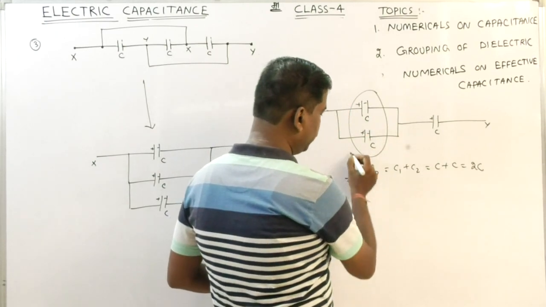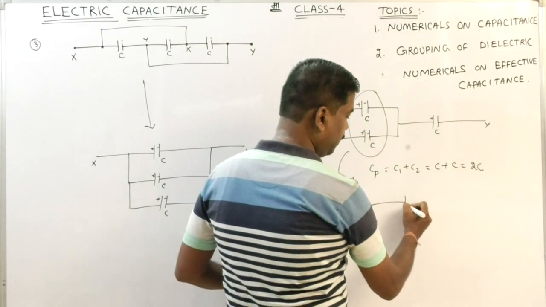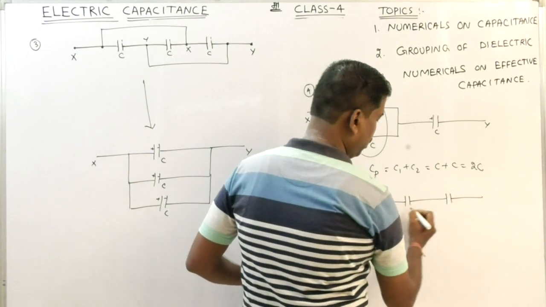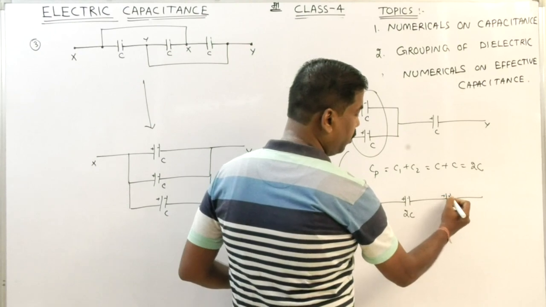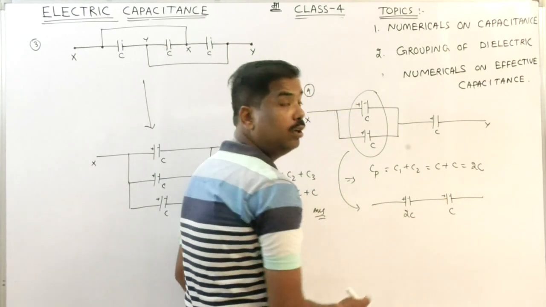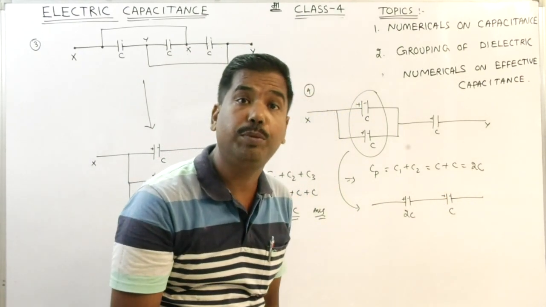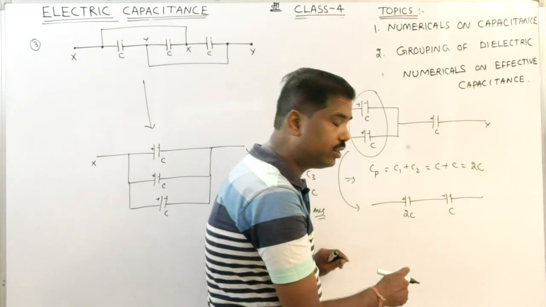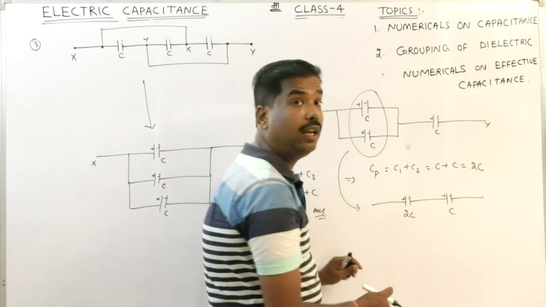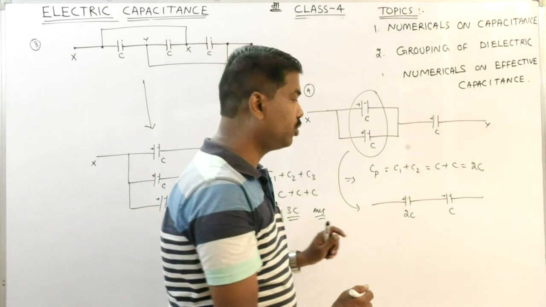So the circuit becomes how much? This is 2C and this is C. Listen, positive, negative, positive, negative. If the negative plate of one is connected to the positive plate of the next, so they are again a series combination.